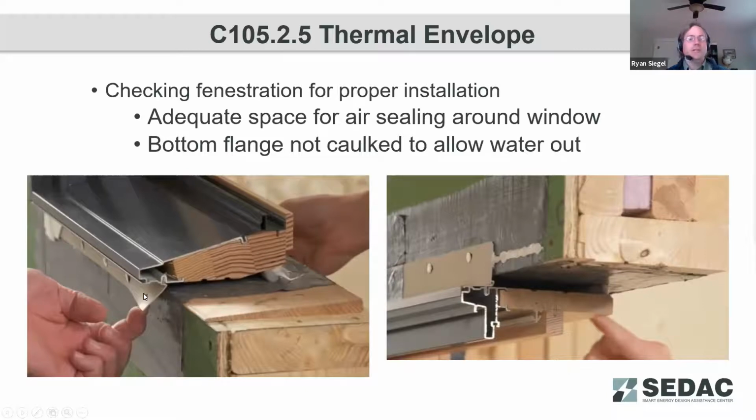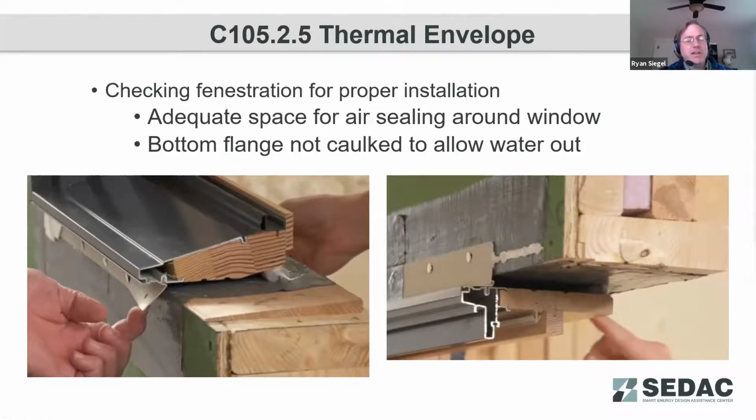And for water sealing, we want to make sure that we have sealed the two sides and the top of the fenestration. We do not want to seal the bottom for water. What that allows for is, if water does penetrate this seal and gets into this chamber, it has a way to get around the window and back out.